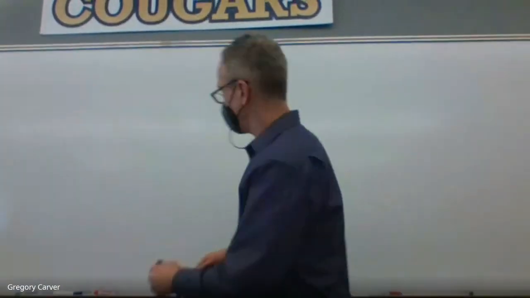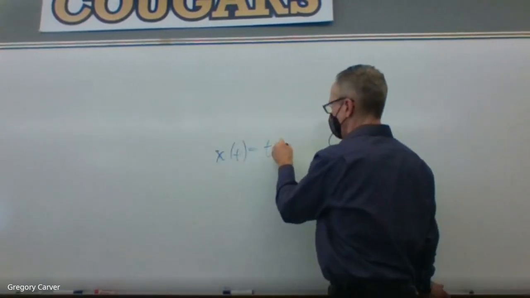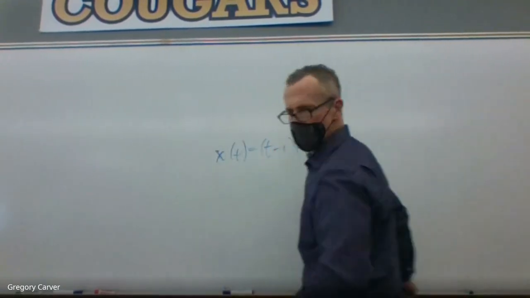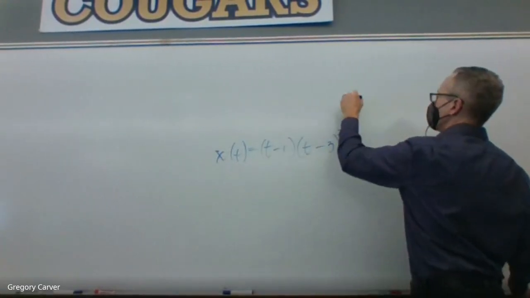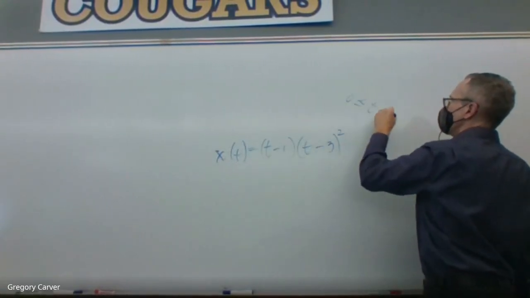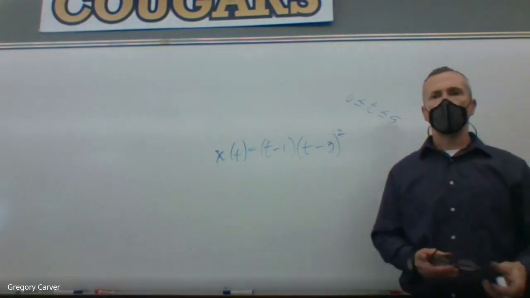Cool, so you've got x of t is equal to t minus 1, and this is t minus 3 squared. And my t values are going from 0 up to 5. All right, guys, check this out. Everyone stick with me here.